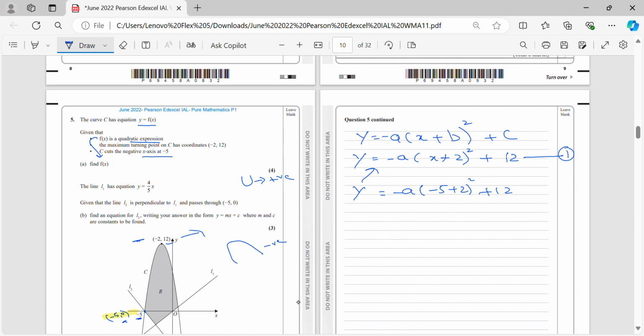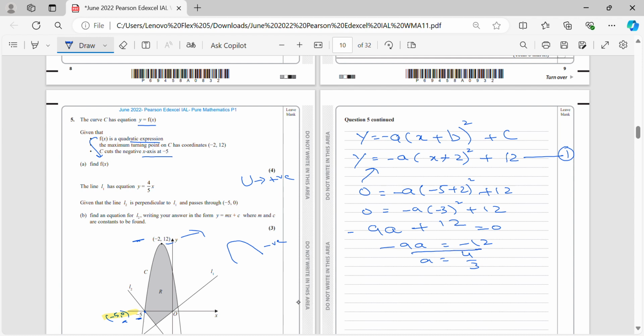Plus 12. So y is 0; let's replace y with 0. So 0 equals -a into (-3) squared plus 12. We have -9a plus 12 equals 0. Then -12, and a is 4/3.